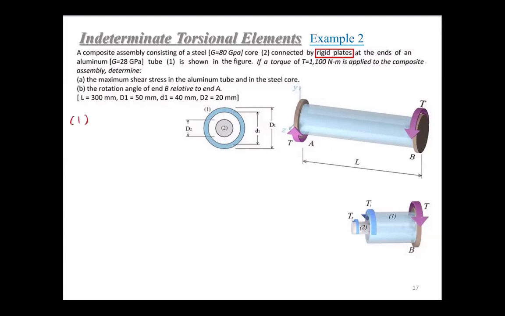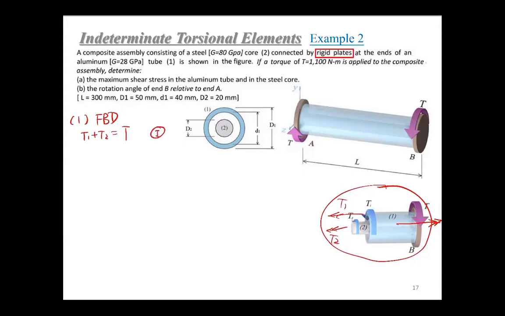From the free body diagram that is shown here, you have two internal torques, T1 and T2, both pointing left, and your external T is pointing right. Right, so you will get T1 plus T2 equals T. So this is our equation 1.